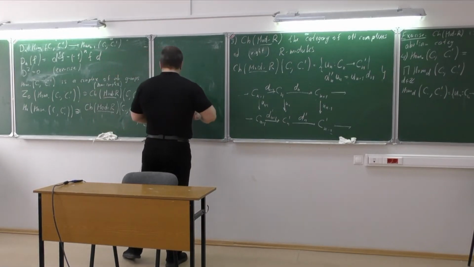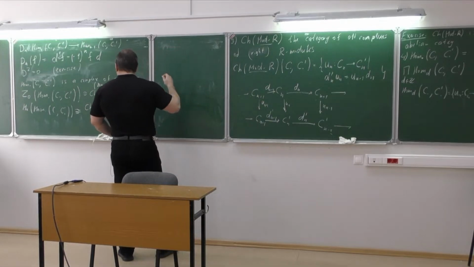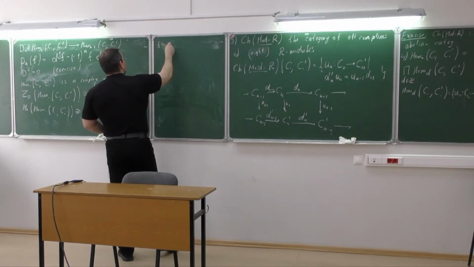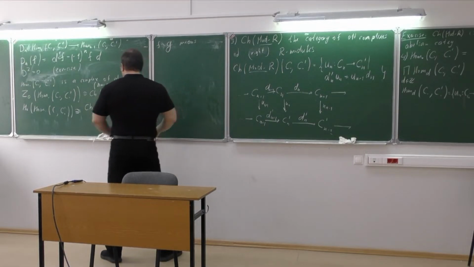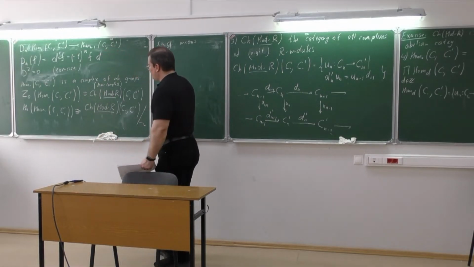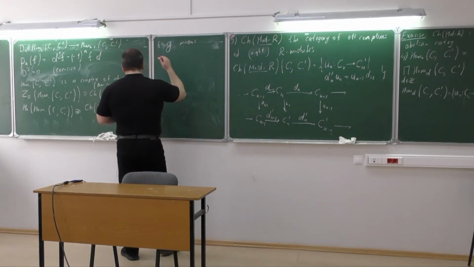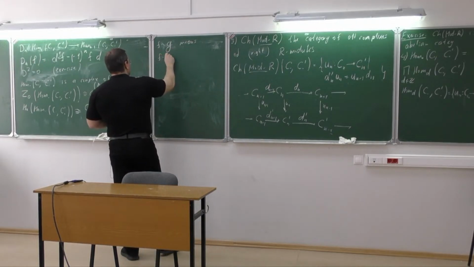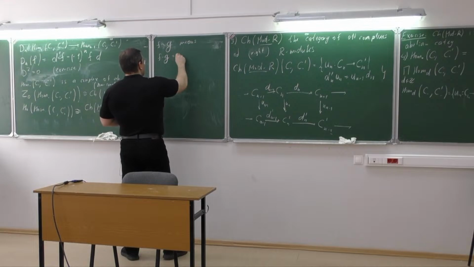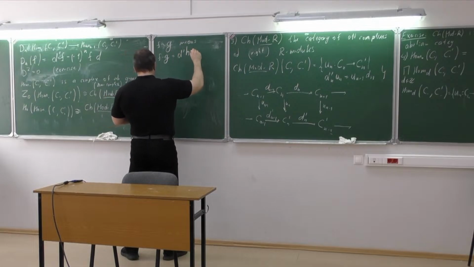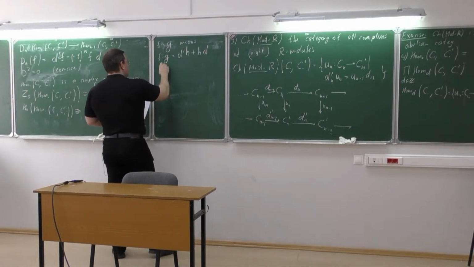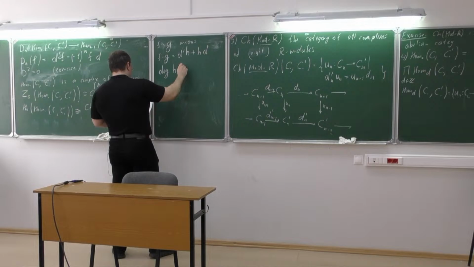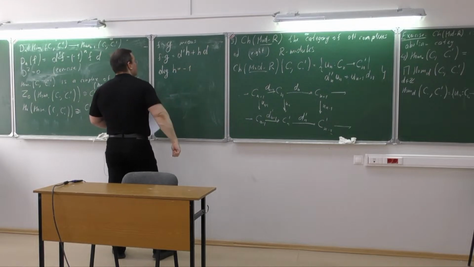But since this equivalence relation is important, let's spend a couple of minutes to discuss this. So what does it mean that f is equivalent to g? This means the difference is supposed to be in the boundary, right? So f minus g is a boundary. So this is d prime h plus hd, where the degree of h is -1.